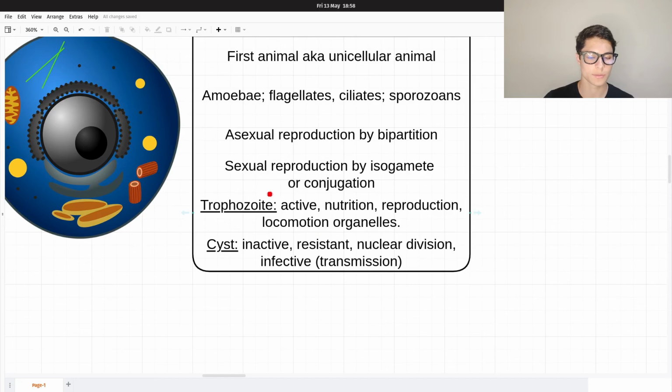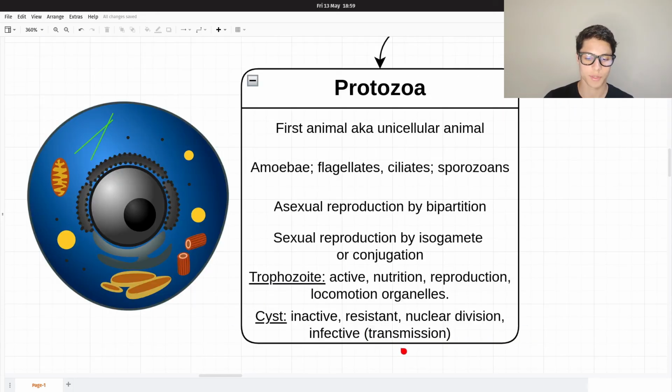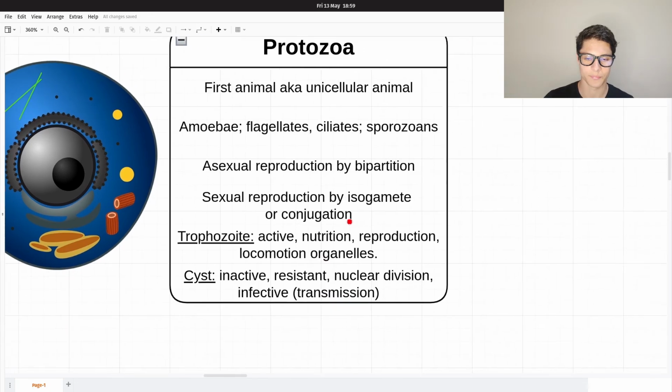So when the circumstances are very harmful for them, or maybe there is no food, they become the cyst, which is the inactive form. The cysts are very resistant, and they can reproduce by nuclear division, and they're very infective. That's why we have to keep an eye on cysts, because they're responsible for transmission.